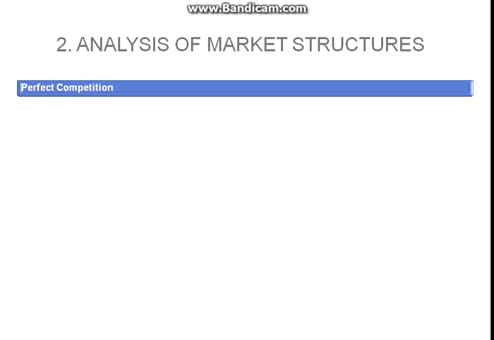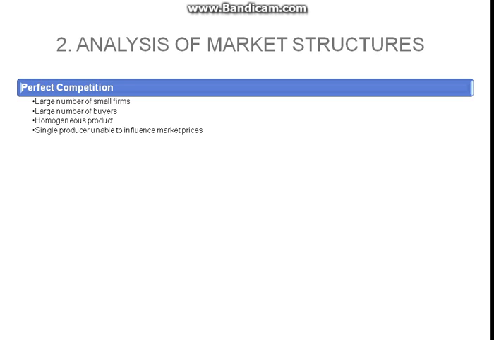Okay, we are going to analyze market structures. Number one, the simplest form of market structure, is perfect competition. In perfect competition, we have a very large number of small firms. It assumes an unlimited number of small firms, so they cannot affect the market. We have a large number of buyers, so they cannot exploit the sellers.